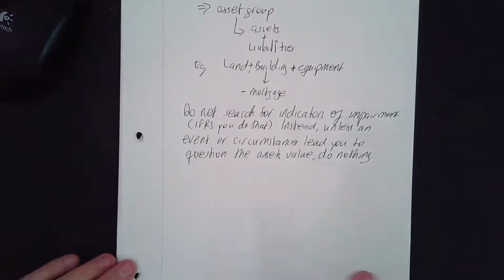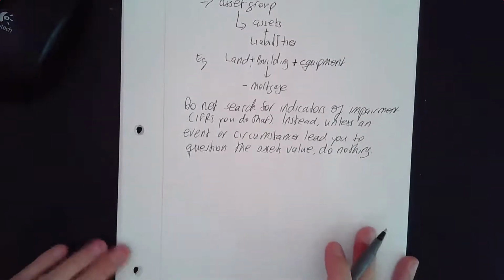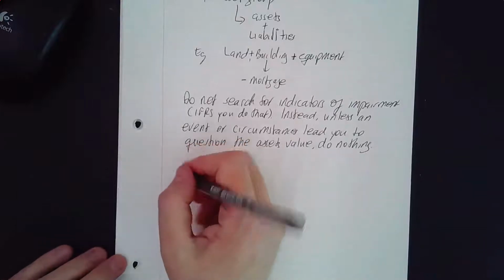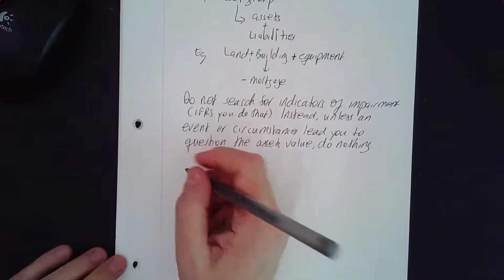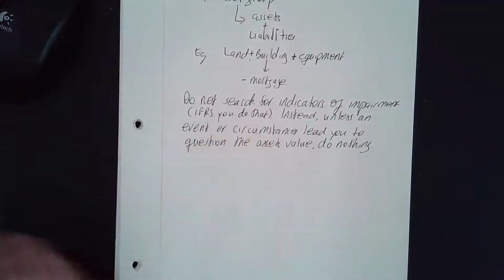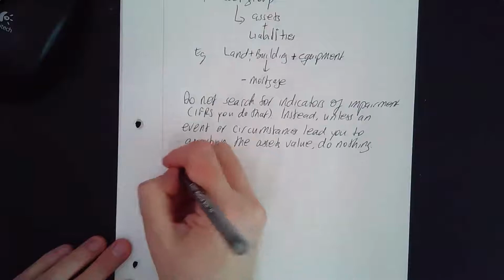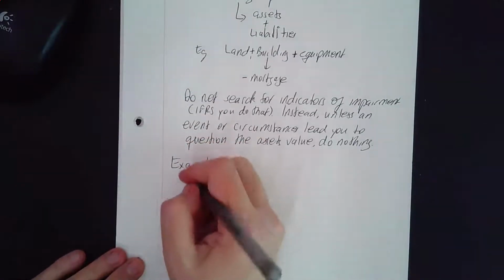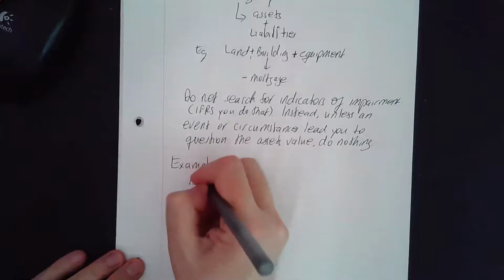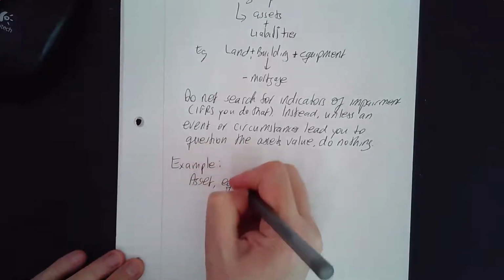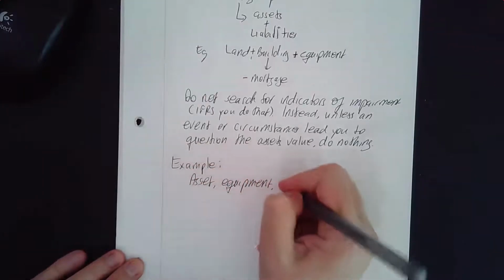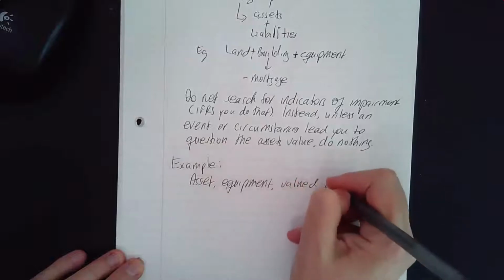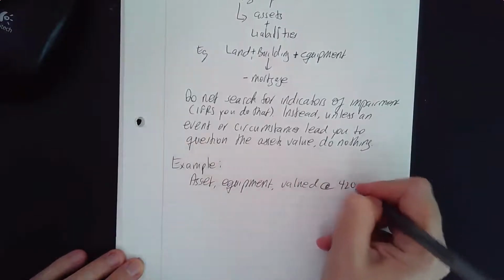Let's do a quick example under ASPE. So we have an asset, equipment, valued at $420,000.